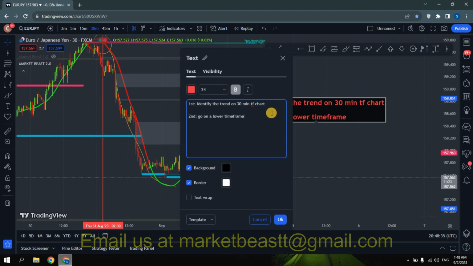Alright, so now I will come to my main time frame where I am going to take trades. From 30 minutes I will just identify the trend. Now I will trade on the 5-minute time frame. We can trade on 15 and 30 minute as well, but I prefer 5-minute.